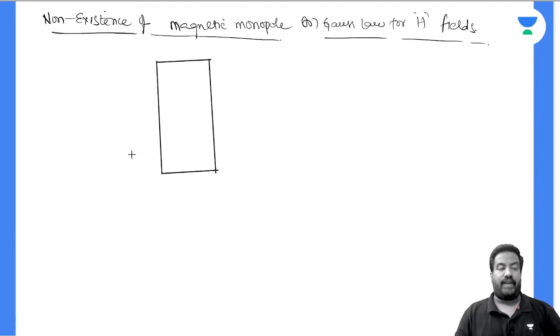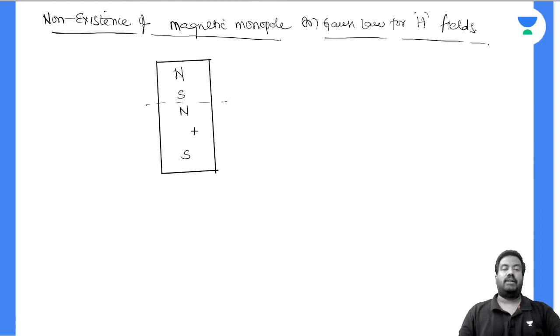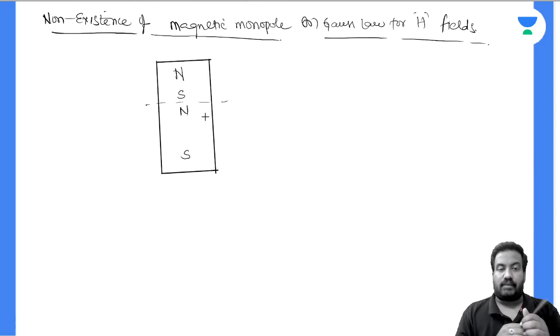In a magnet we always have two poles, north pole and south pole. Even if you break the magnet, it will again form north and south poles. Monopole cannot exist.